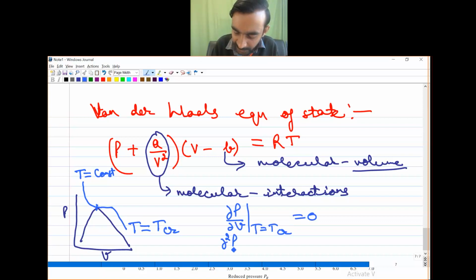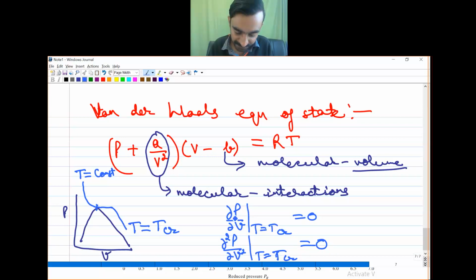Similarly, del square P by del V square at T equal to T critical will also be equal to 0, because the nature of this temperature line is almost horizontal close to the critical point. So its first and second derivatives on a PV plot at the critical point will be equal to 0.